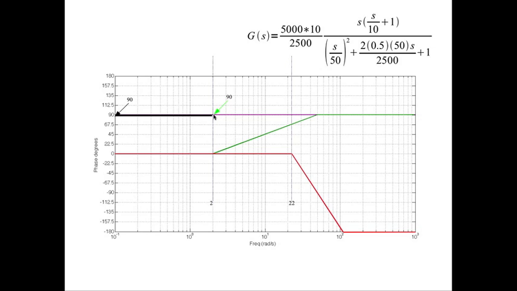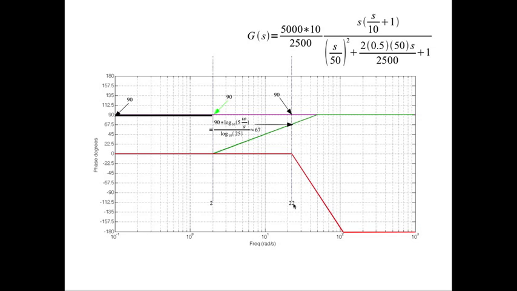Go to the next corner frequency, which is at 22 radians per second. The contribution of the 0 at the origin is 90 degrees. The contribution of the 0 at minus 10 is somewhere in between on this line, and this value is given by 90 degrees times log to the base 10 of 5 times omega divided by a, divided by log to the base 10 of 25.